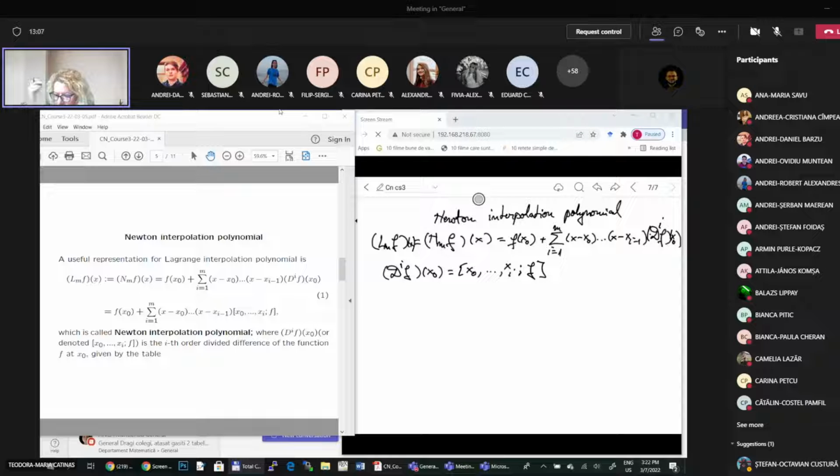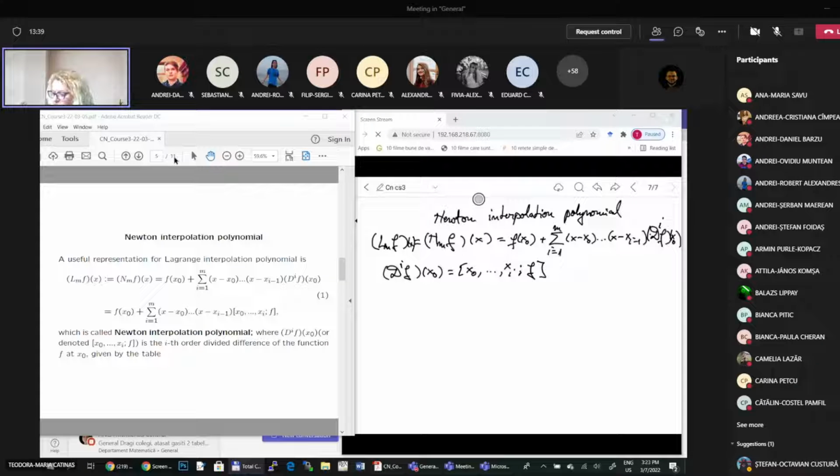It is useful to know this notation, because you will see that in order to find the formula, we will use it to see the nodes that are used for each divided difference. So these notations are similar, and denote the divided difference of order i at x0 that uses the points x0, x1 till xi.